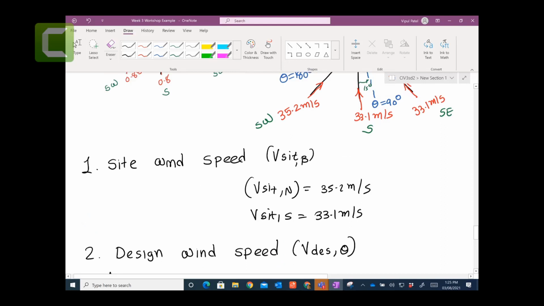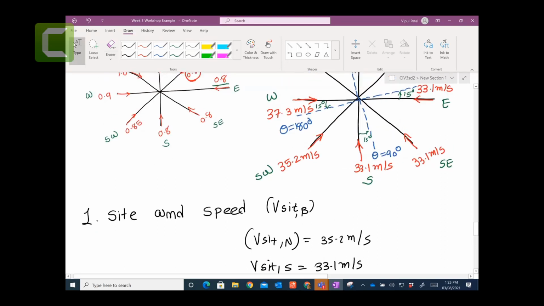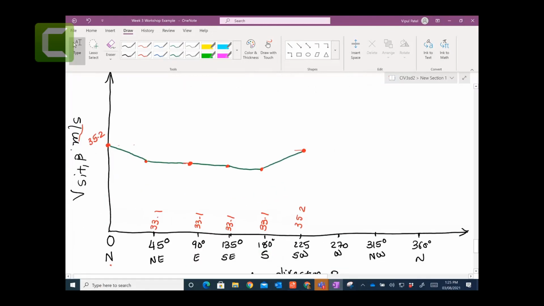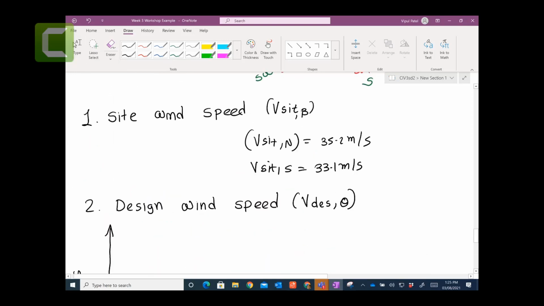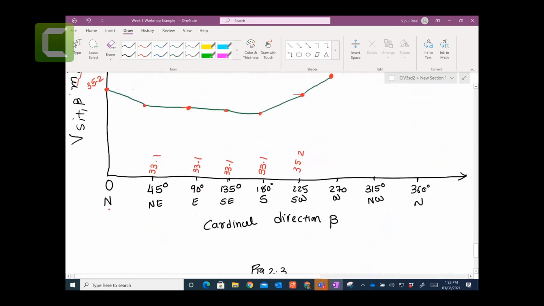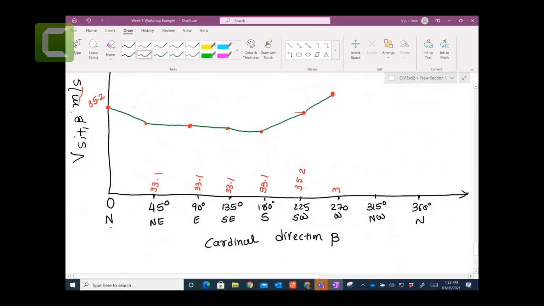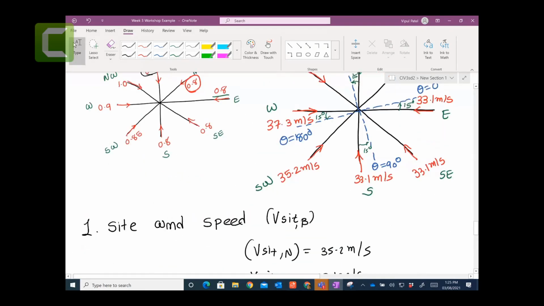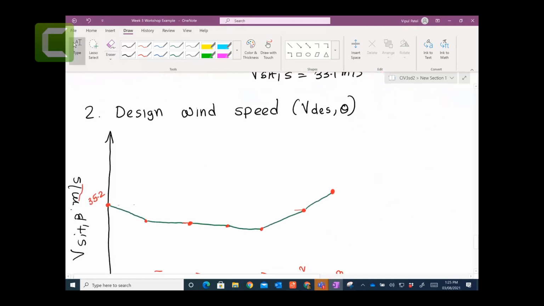Then after southwest we have west 37.3. You know the west one, right? The west one is the worst one. So you go up, you can see this velocity is going up, and that is, how much was that? 37.3. And then you go back and do 41.4.